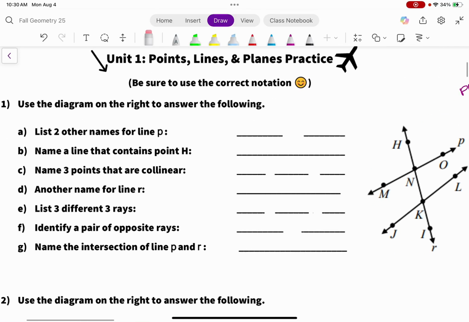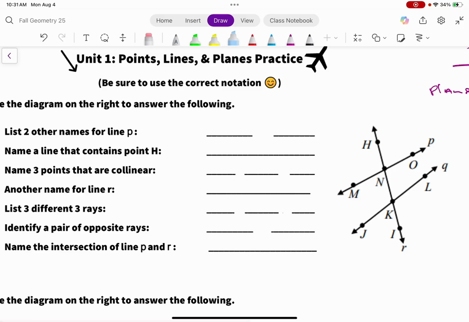Okay, so I'll work out a couple of these, and I won't work all of them, but I'll see if I can skip around so you understand what's going on. Okay, list two other names for line P. So I'm going to use my highlighter. Here's P, and there you go. To name a line, remember, it takes 2 points. So you can pick whatever combination you want, but in this case, we're going to go with M, N. So I'm picking these 2 points, okay?